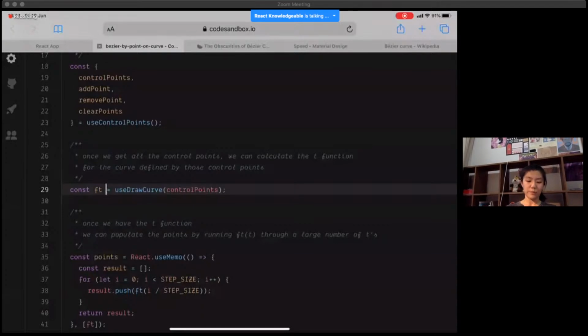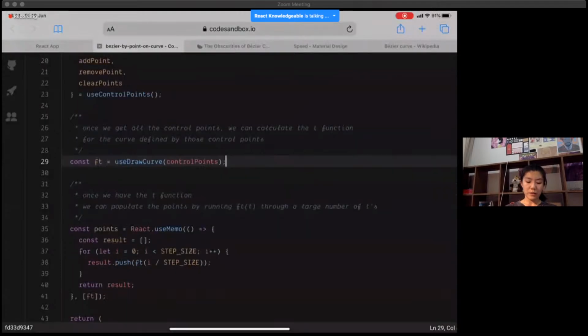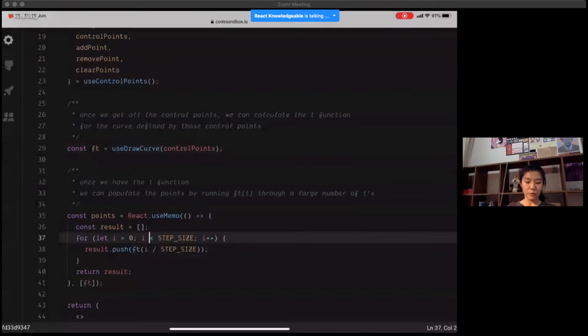So in my case, I'm setting the step size to be 500. That means I will plug in 500 t's from 1 over 500 up until 499 over 500. So these will be the points on the curve.